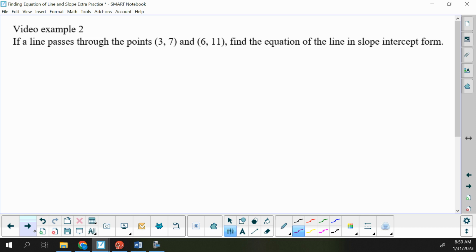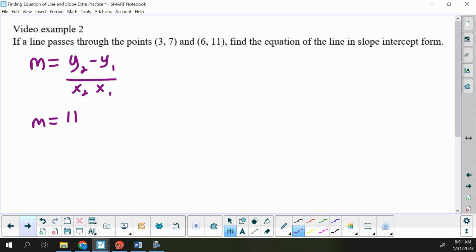In example 2, they just give us 2 points the line is passing through. So the difference is we have to find the slope. Slope is y2 minus y1 over x2 minus x1. It does not matter which y value you start with, just be consistent and start with its x value on the bottom.